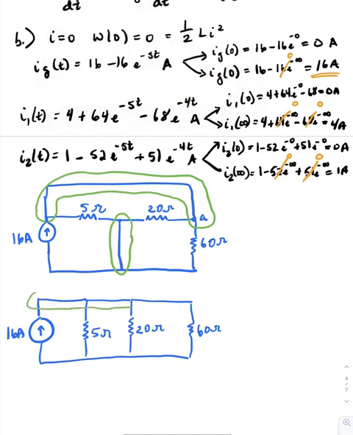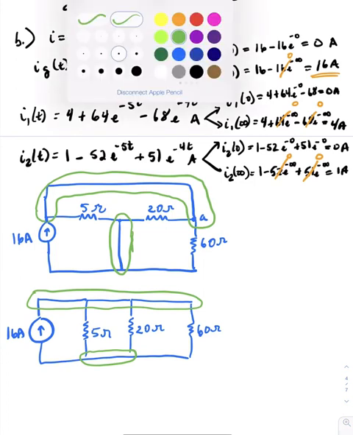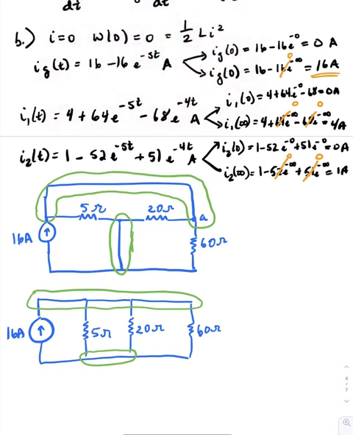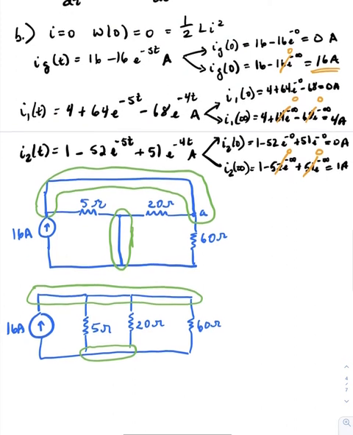So this is node A, and this is where we have this short. Okay.